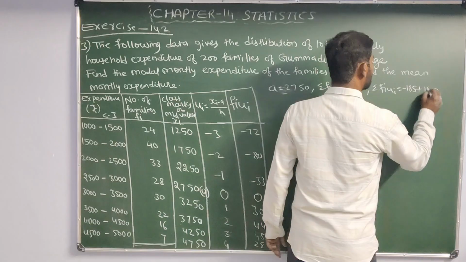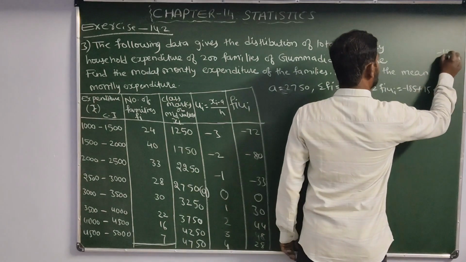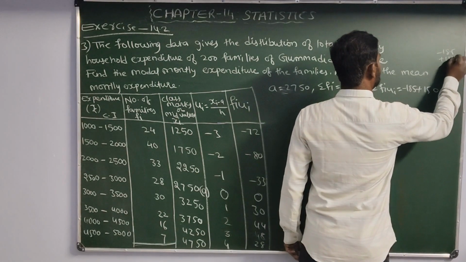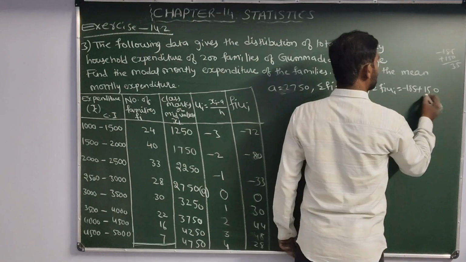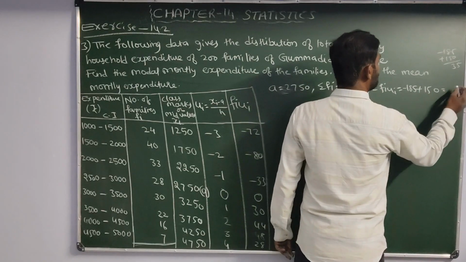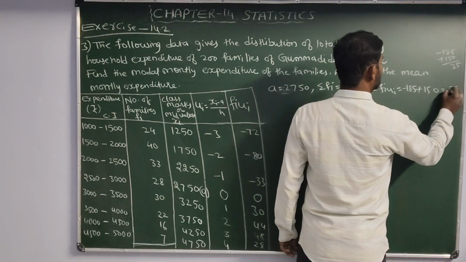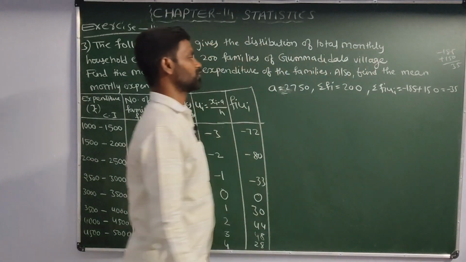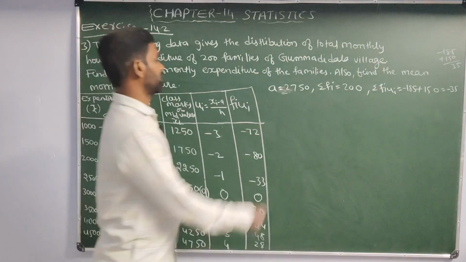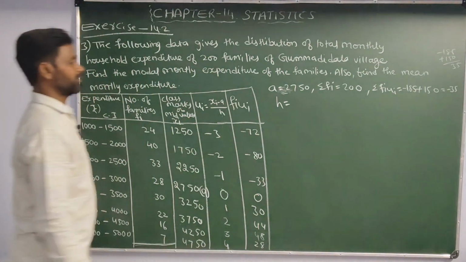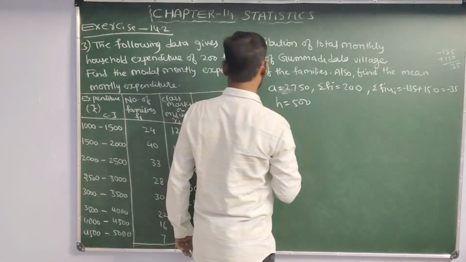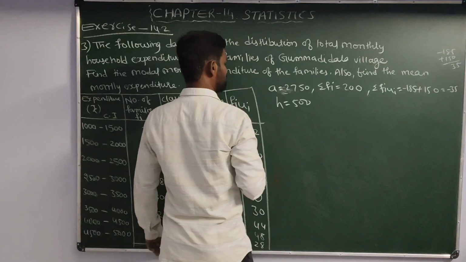So it is 150. So minus 185 plus 150, it is minus 35. Minus value is more. So sigma Fi Ui is minus 35. Next, what is the h value? The h value is 500, 1500 minus 1000.